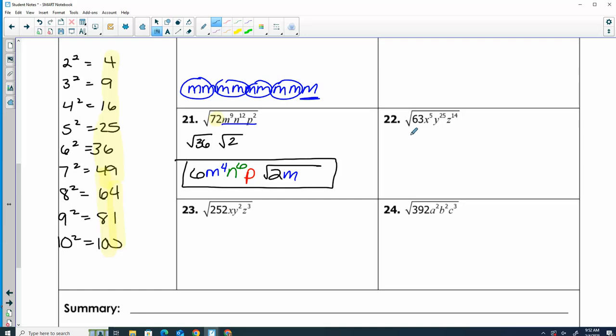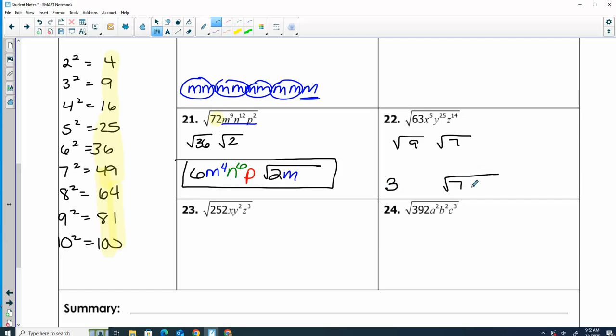So 22, I first have to break down 63. What perfect square would go into 63? No. So I can make that a 9 and a 7. Square root of 9 is 3.